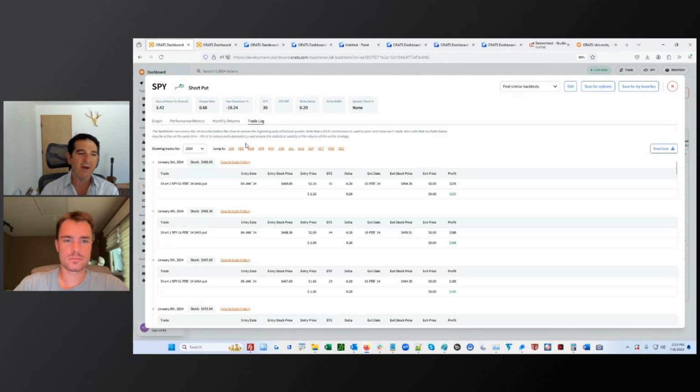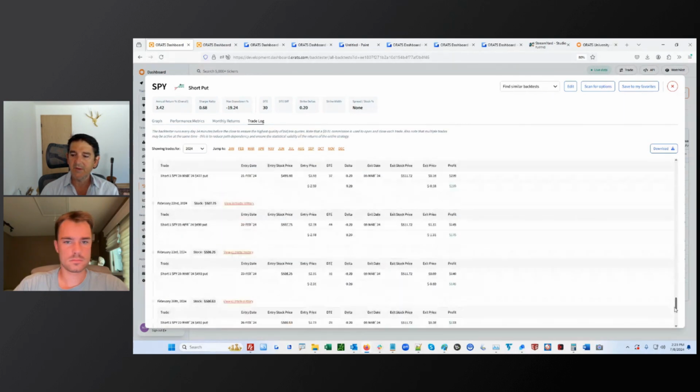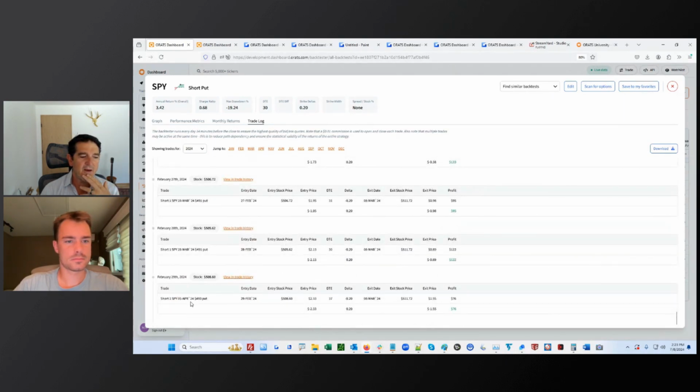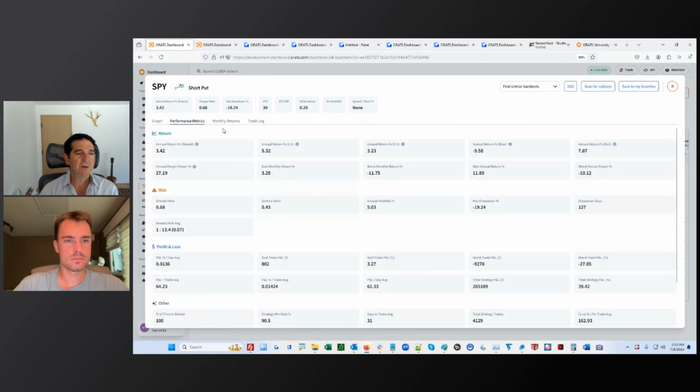So, for example, if you look at the most recent trade, in February when the SPY was 508, you're selling the 493 put. That's relatively far out of the money for a 37-day put.